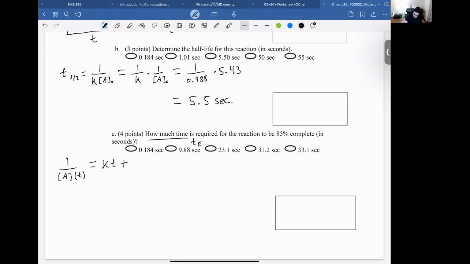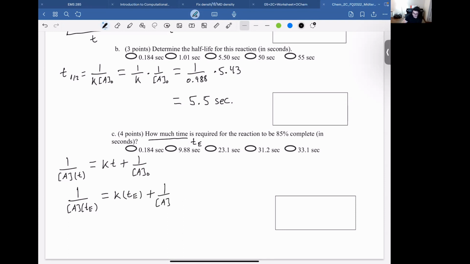So I would recommend thinking about it like that. 1 over [A] equals K times TE, however long it takes, plus 1 over A naught.